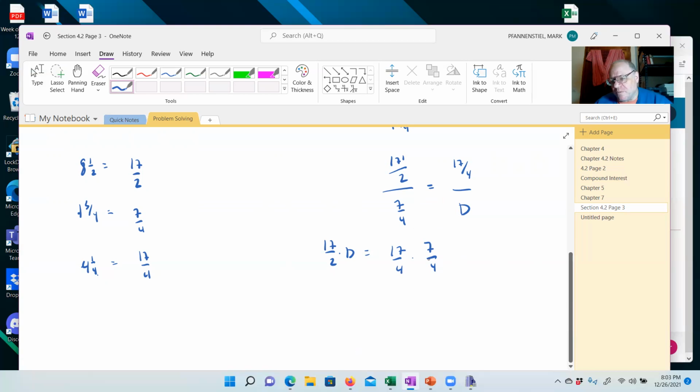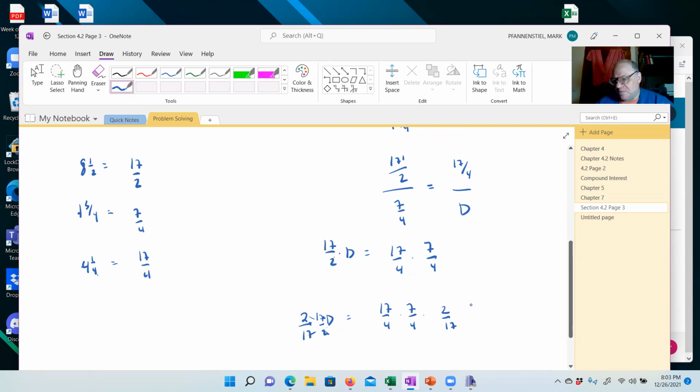Now I'm not going to multiply this together just yet, because I'm looking at this 17 and thinking something fishy about this. I'll bet that's there for a reason. So what we're going to do next is solve for D. I'm going to multiply by 2/17, the reciprocal of the 17 halves, so that this all cancels.